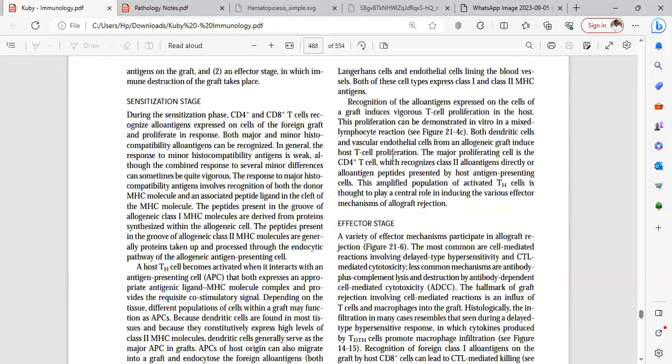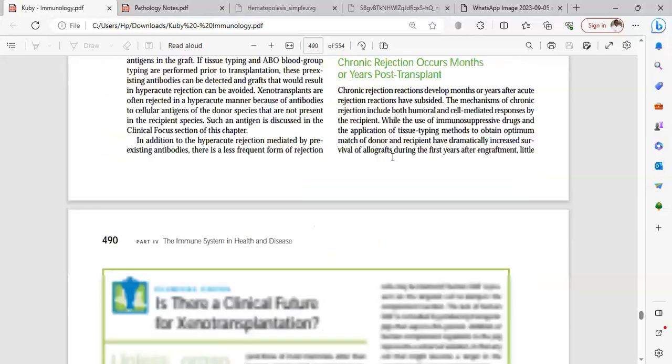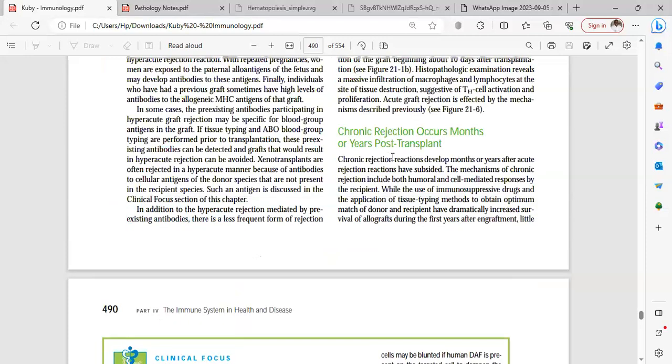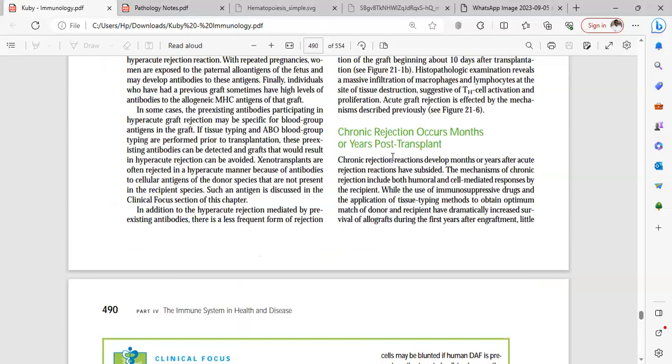So graft versus host disease is basically the opposite of graft rejection. We've talked about how, in graft rejection, the host rejects the organ.